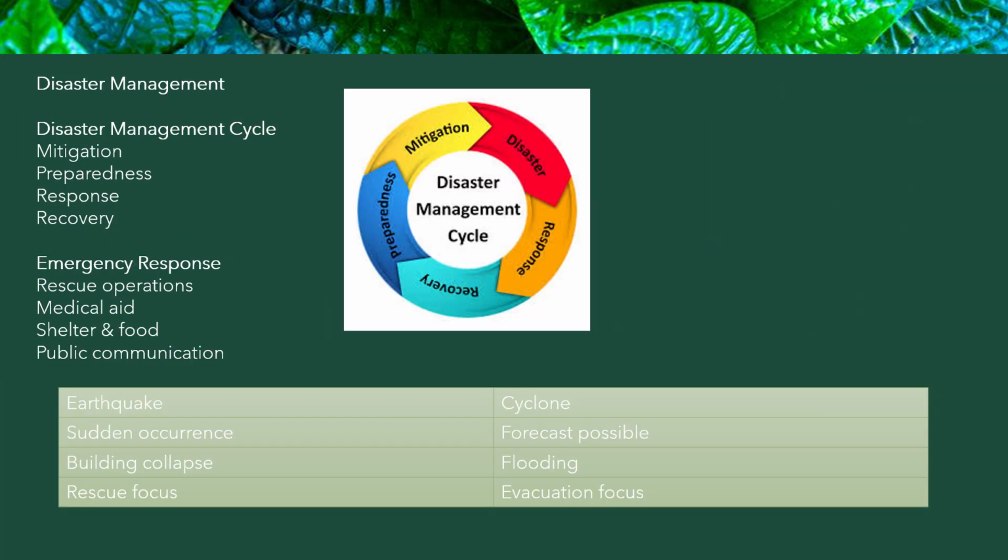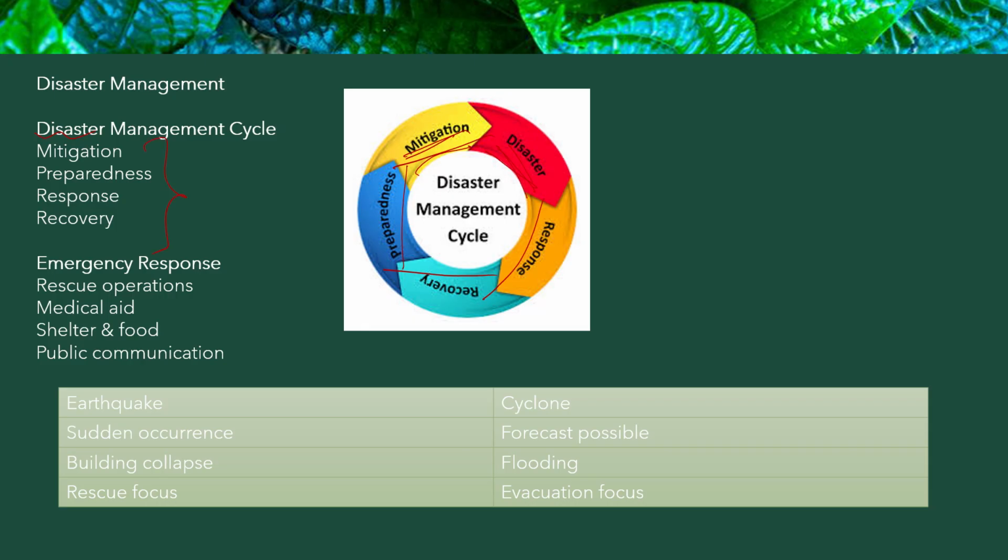Next, we have disaster management. In disaster management, we have one cycle. First is your disaster, then your response to the disaster, recovery, preparedness, and mitigation.